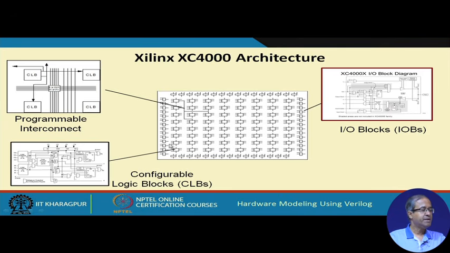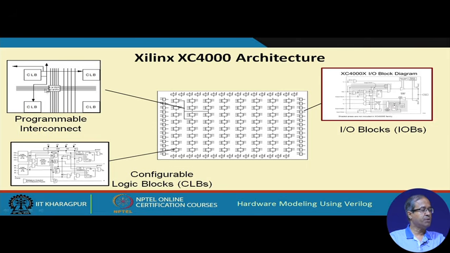Okay. Then you have these rectangular blocks in between. These are something called configurable logic blocks. So, again by programming this you can make them work in various ways. So, actually we shall see a little later how we can do this, and in between the configurable logic blocks there are some spaces where some programmable interconnects are there.